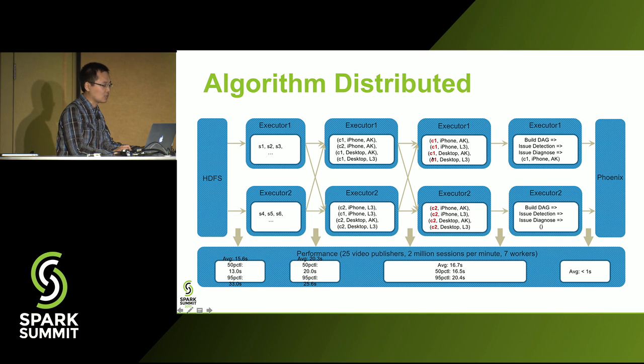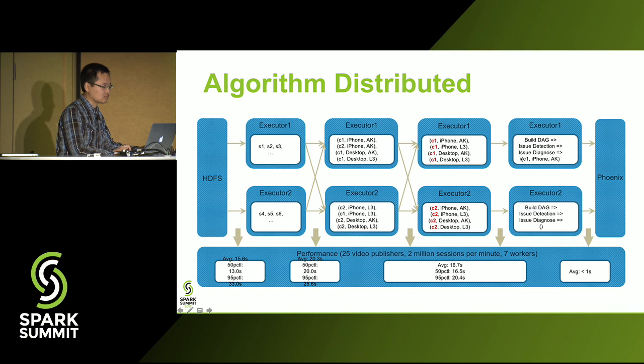And then next, we shuffle the groups based on their video publisher ID so that all the groups from the same video publisher go to the same executor. Like in this case, all the groups from the video publisher C1 go to the first executor and C2 goes to the second.